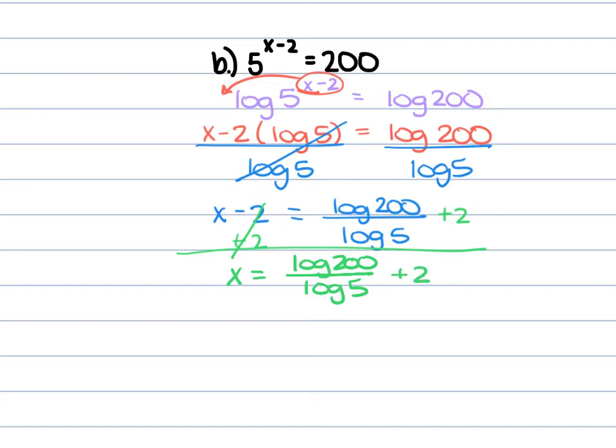Now, use your calculator for this. If I do log 200 divided by log 5, I get 3.292029674. From that, I'm going to add that 2 to it and round to the nearest hundredths. So if you are doing this, you should be getting x is equal to 5.29.